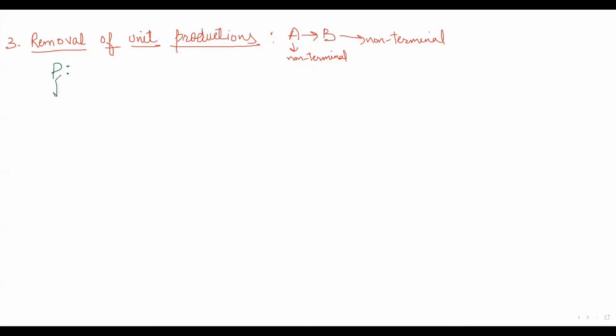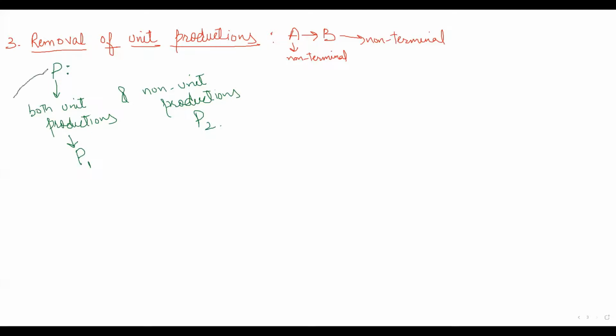These are productions that contain both unit productions, meaning productions of this type, and non-unit productions. Let's name the unit productions as P1 and the non-unit productions as P2.